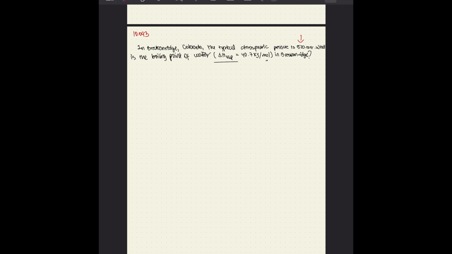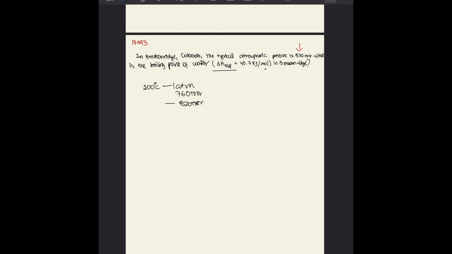We already know that water in standard conditions boils at 100 degrees C at 1 atm, which is essentially 760 torr. So at 520 torr, how many degrees C?